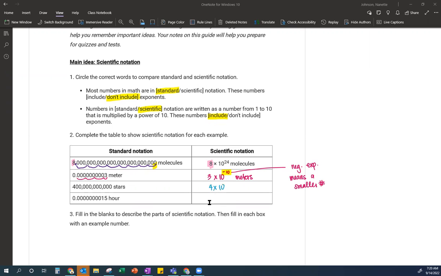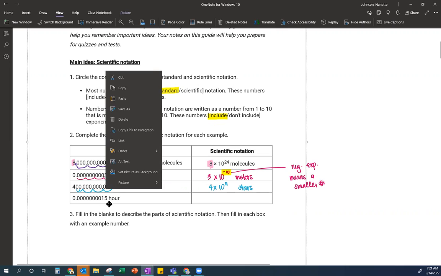And then I'm still going to write the word stars because we're still dealing with stars. And then I'm going to count by threes because it's just easier. 3, 6, 9, 10, 11. So this is to the 11th. Okay. And I think, that number is supposed to be really big because that's a positive exponent. I look over, check. Same thing with this guy.